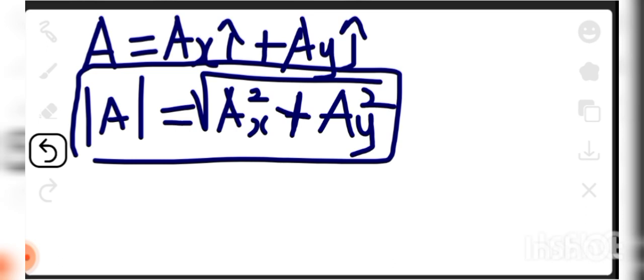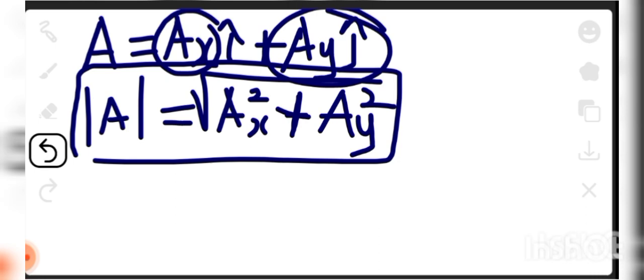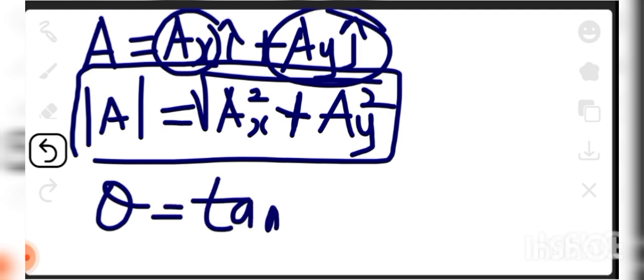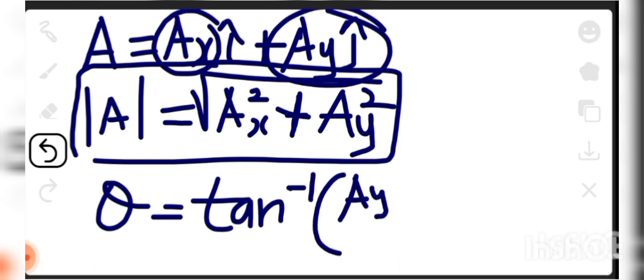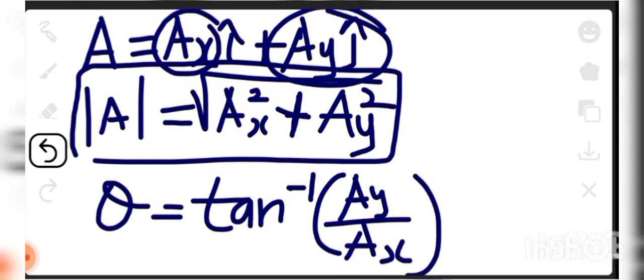If AX and AY are both positive, take note of this, the direction of A will be the tan inverse of AY over AX. This is if AX and AY are both positive.